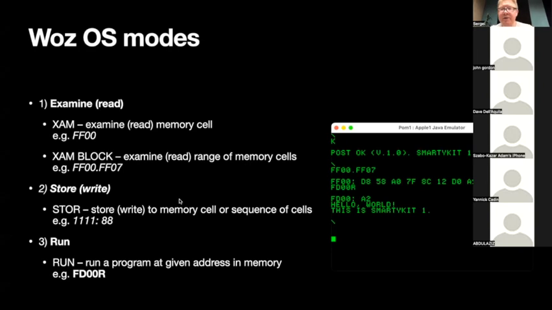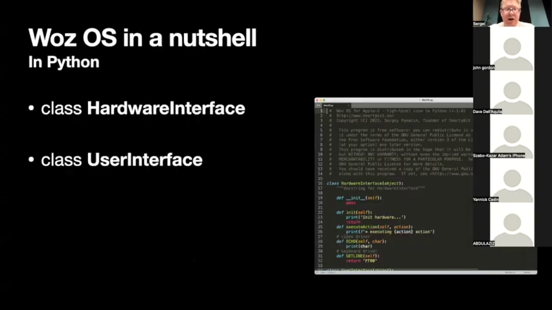Yeah, so now we know all these three modes. Okay, so what is it in a nutshell, if we're talking about how it works. Let us check the Python version of its code.